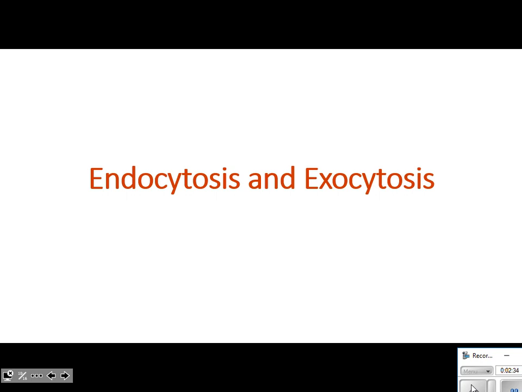Now, let's talk about it in terms of what we have here. We know that this endo here means going inside. What do you think this cyto means? Cytoplasm, right? Endocytosis: into the cytoplasm, if we break it down.